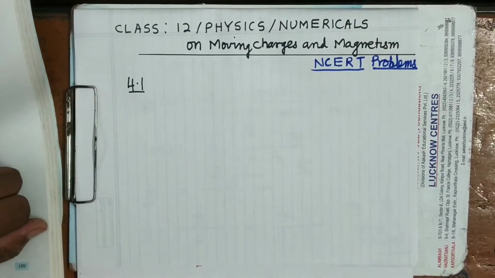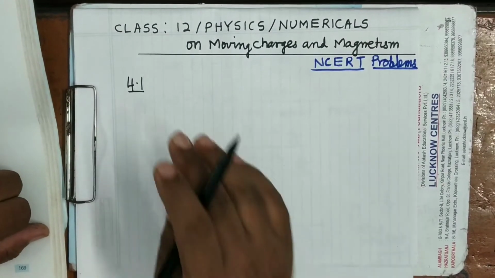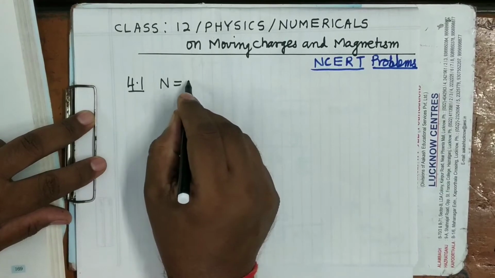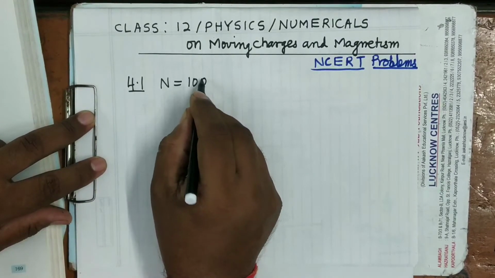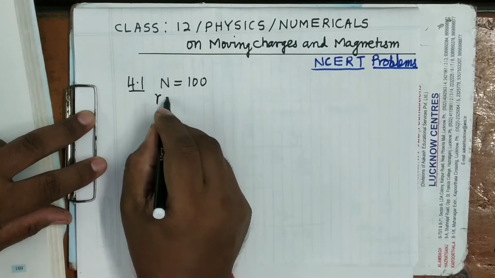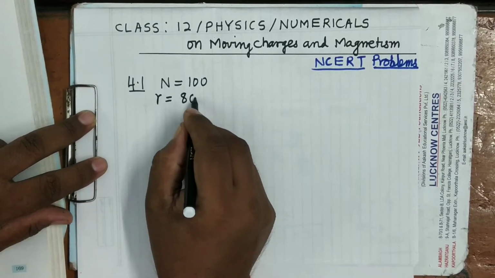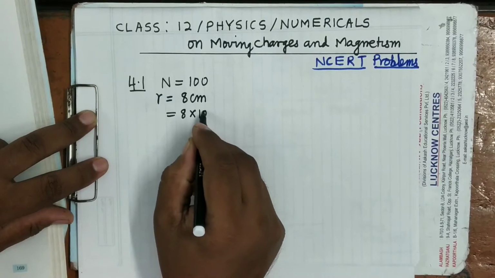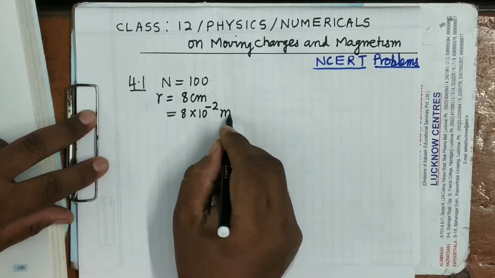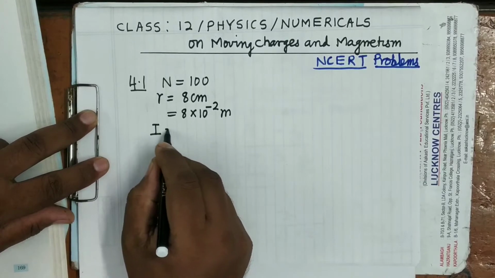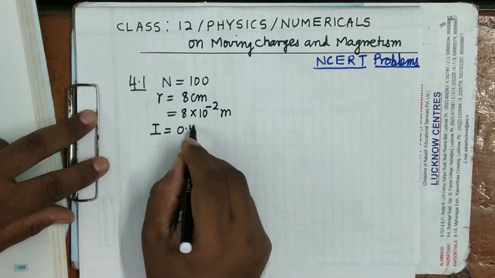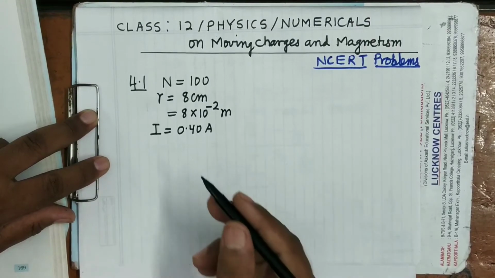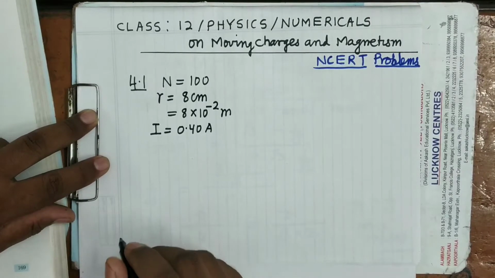In question 4.1, you can see a circular coil of 100 turns, that is N equals 100, and radius is given 8 centimeters, which you can convert in SI unit, 8 into 10 to the power minus 2 meter. It is carrying a current of 0.40 ampere. You have to find the magnitude of the magnetic field at the center.